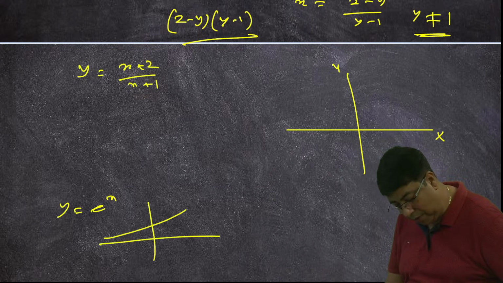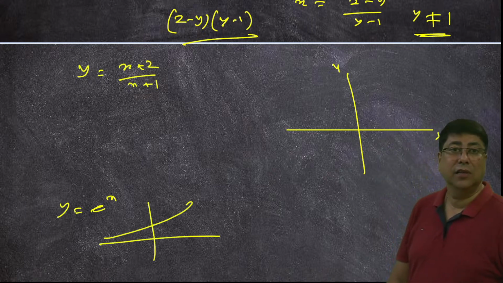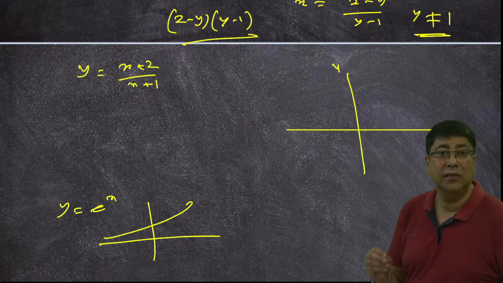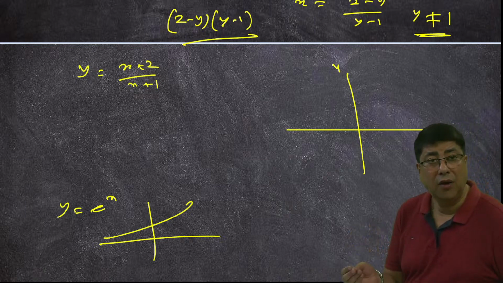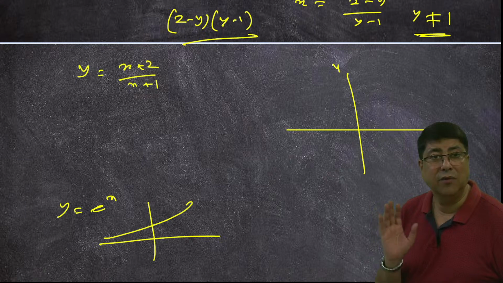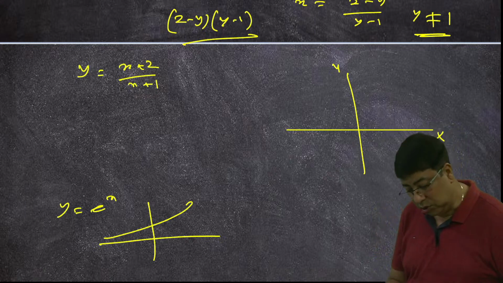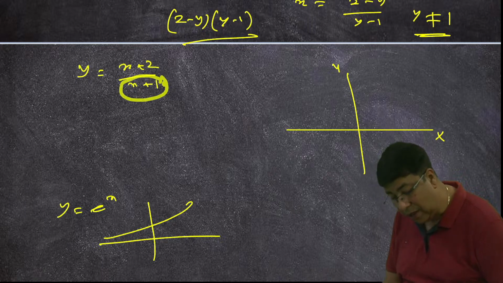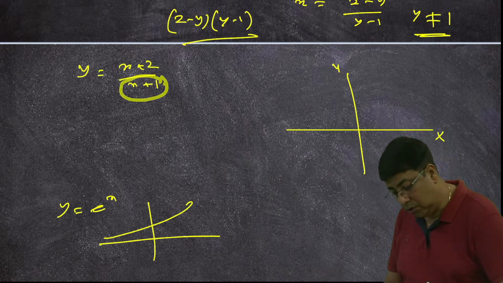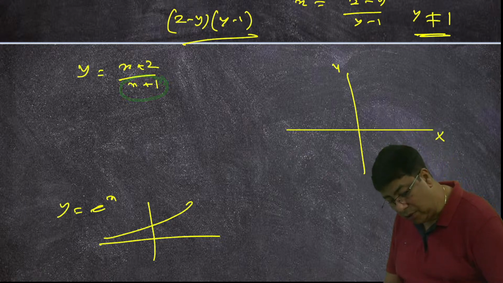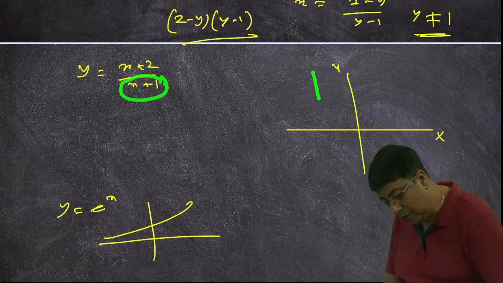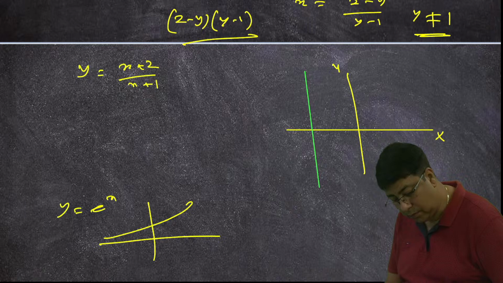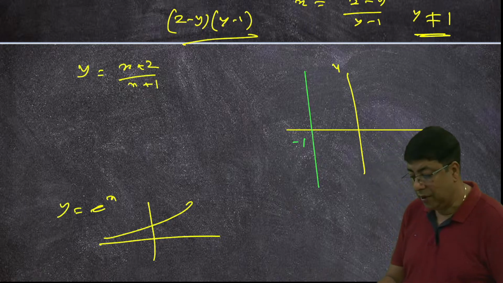This is the curve of e to the power x, and the x-axis is its asymptote, because the x-axis meets the curve at minus infinity. In this case, x plus 1 equal to 0, that is x equal to minus 1, is the vertical asymptote. So let's draw the vertical asymptote.